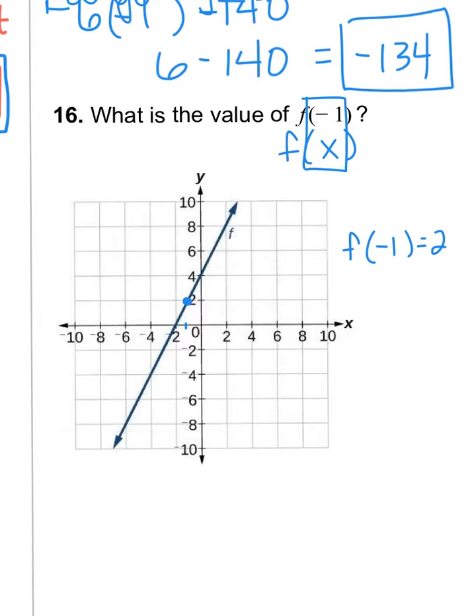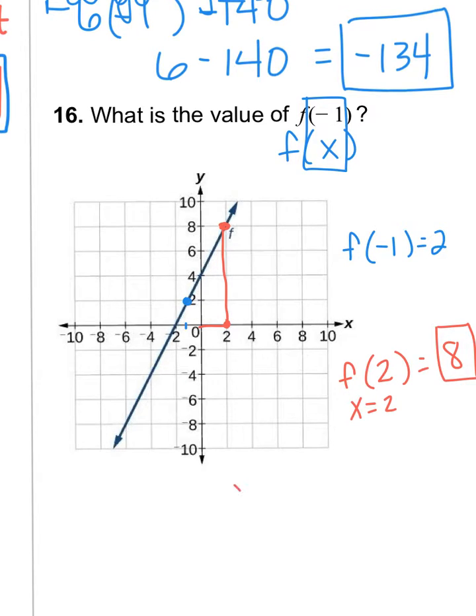Another example here would be f of 2. That's whenever x equals 2. What's the answer? So we would go over to x equals 2, and then we would go up to check the value, and it is 8. So that would be your solution.